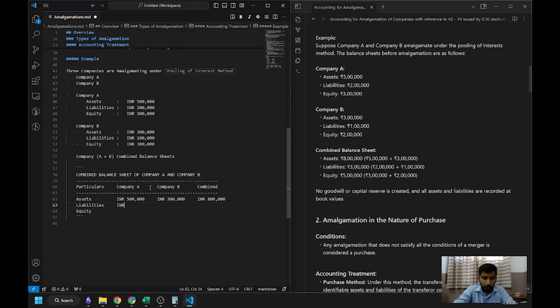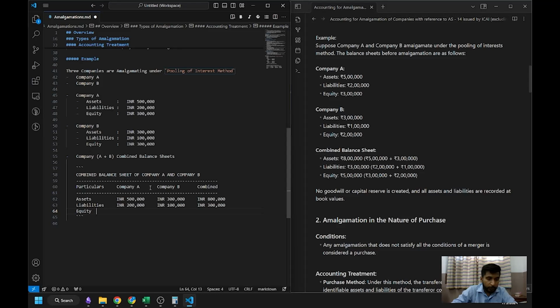Now, same for liabilities. Liabilities for company A is rupees 2 lakhs, for company B rupees 1 lakh. Hence, the total liabilities will be 3 lakhs.